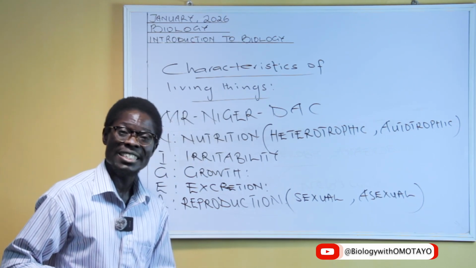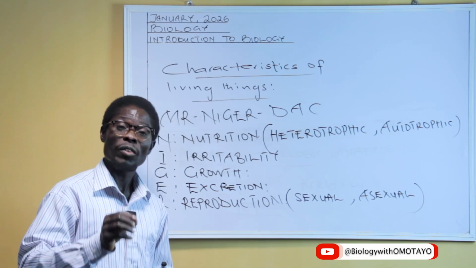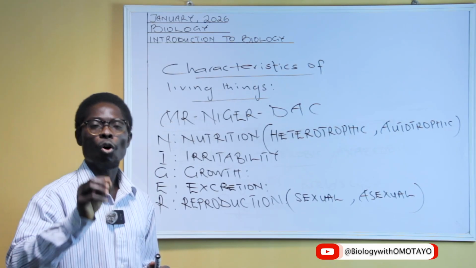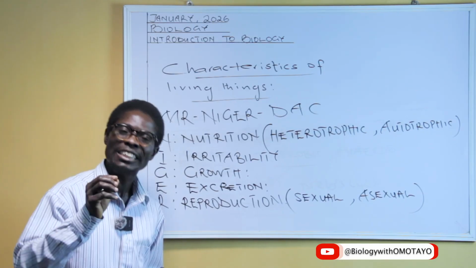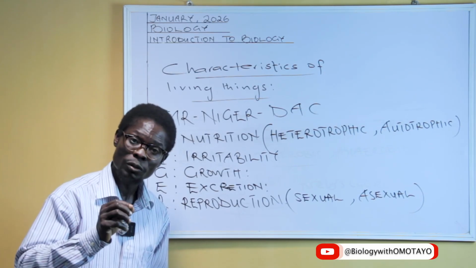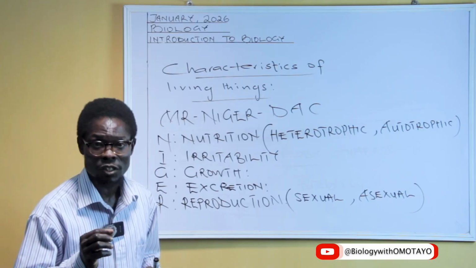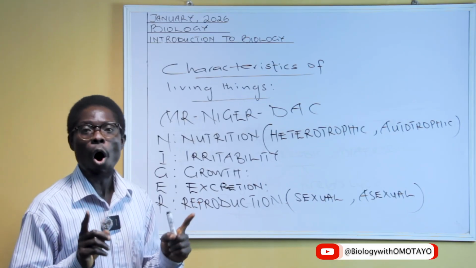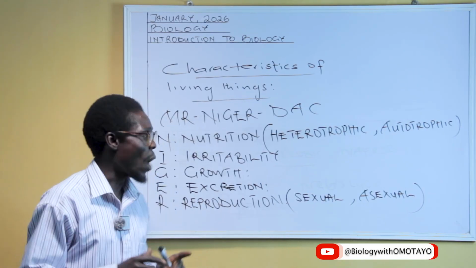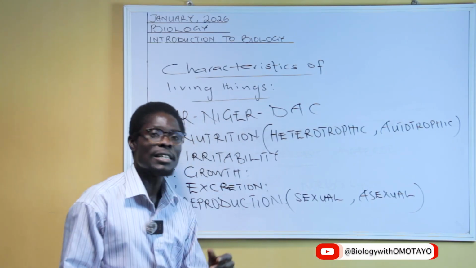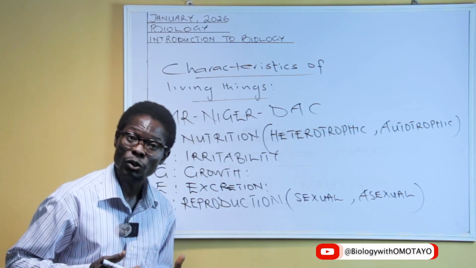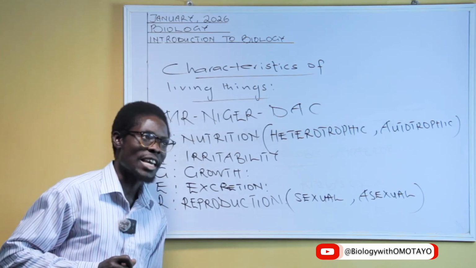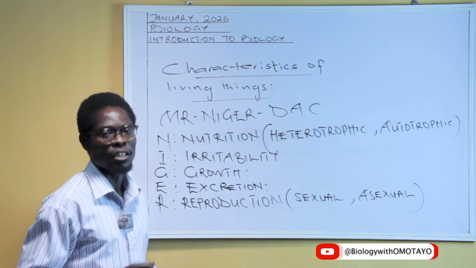For sexual processes, the simplest form of sexual reproduction is referred to as conjugation. Usually it involves the fusion of gametes from two parents of opposite gender. While for the asexual, this leads to the bringing forth of offspring from just a singular parent. So here, a singular parent is involved.